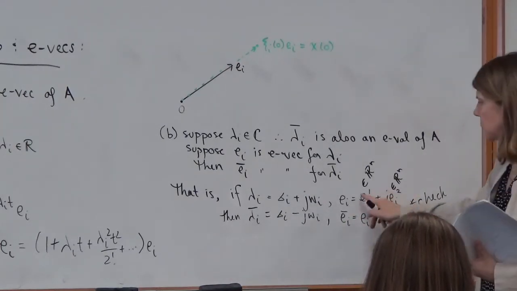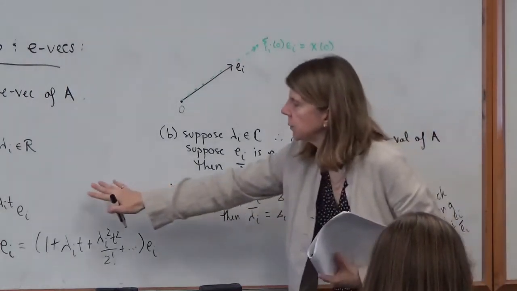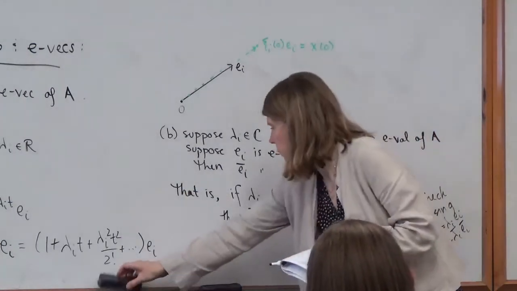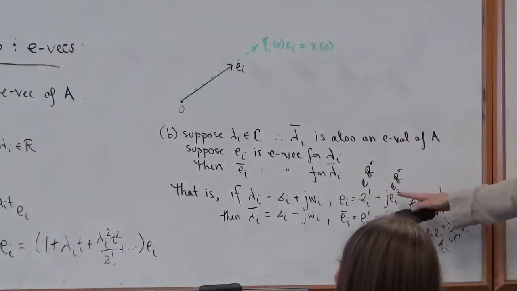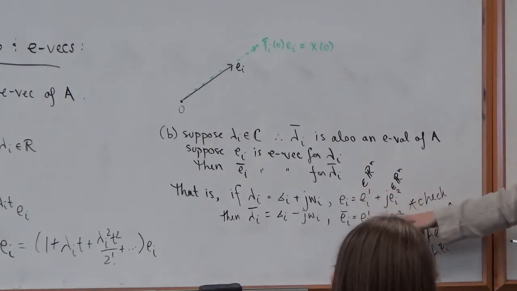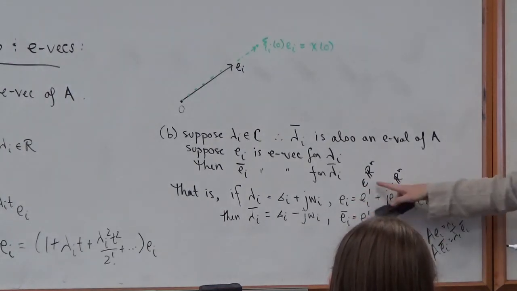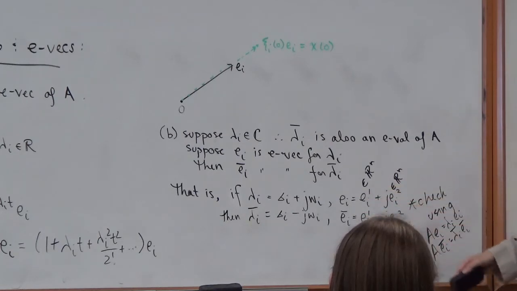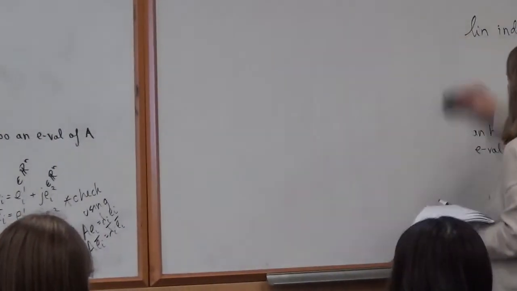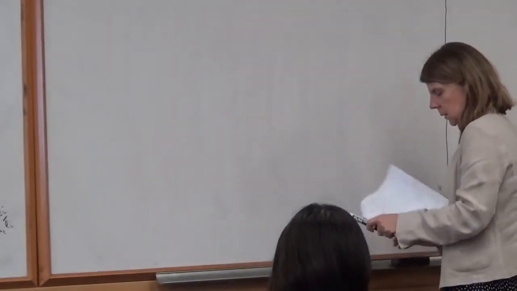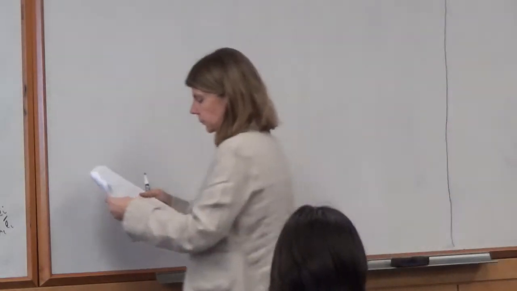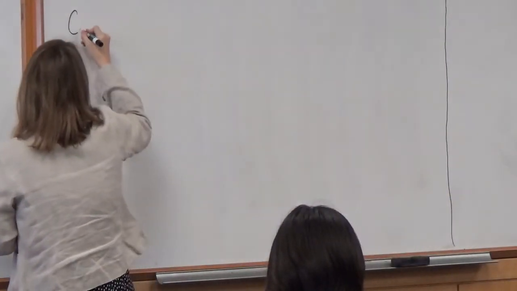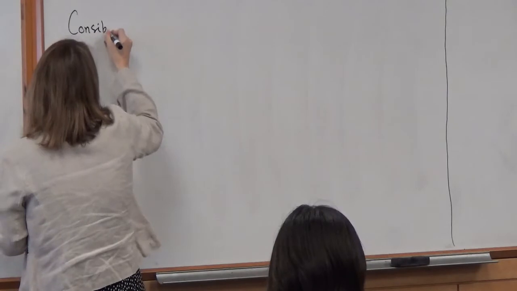So what we're going to do instead, sort of the equivalent of the real case, is we're going to assume that we start off with an initial condition which is in the span of these two eigenvectors, but it's real. Okay, so we're still looking at case B here.